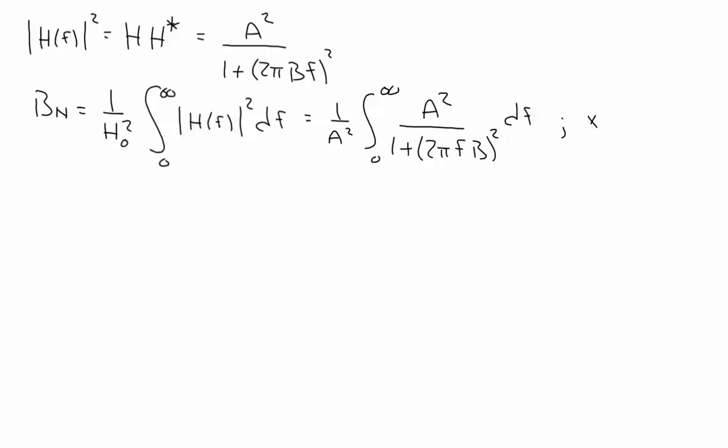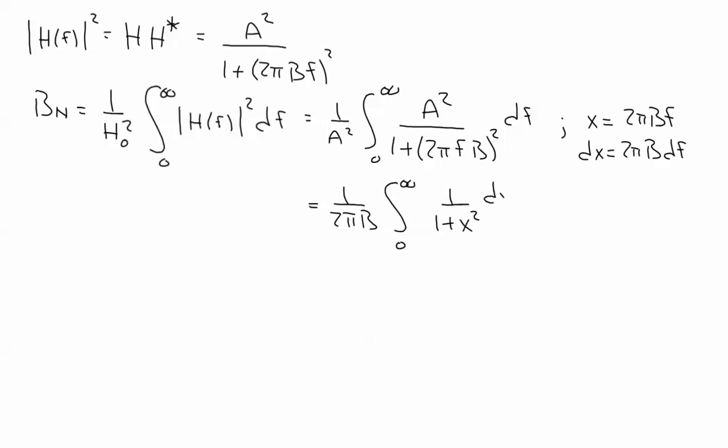I'm going to let x equal 2 pi b f, dx equal 2 pi b df. Simplify a bit, I get 1 over 2 pi b, integral from 0 to infinity, 1 over 1 plus x squared dx.